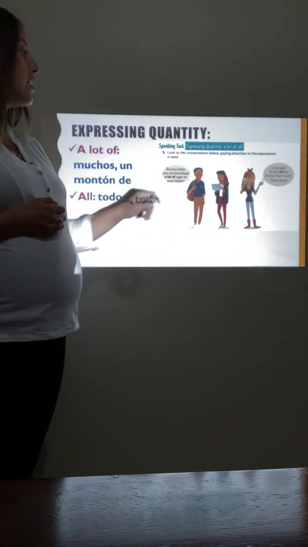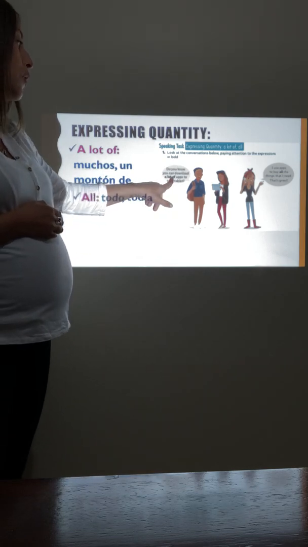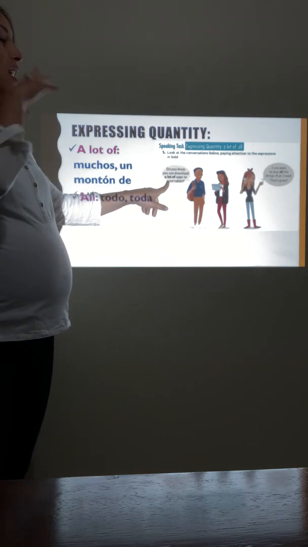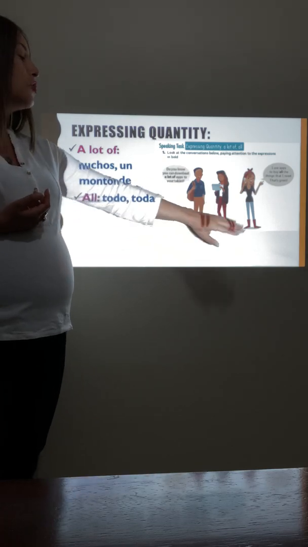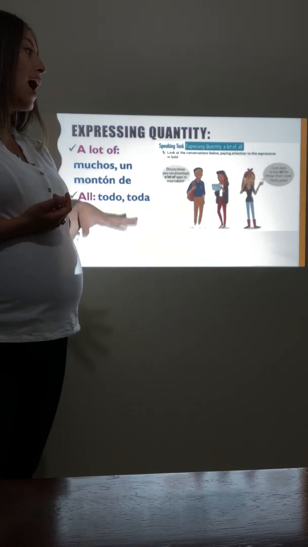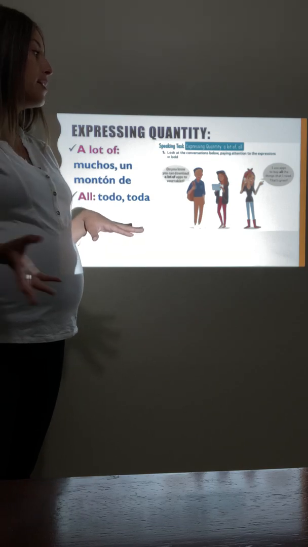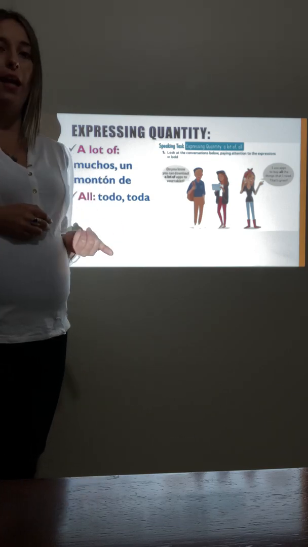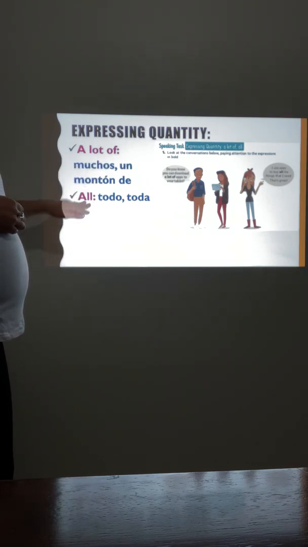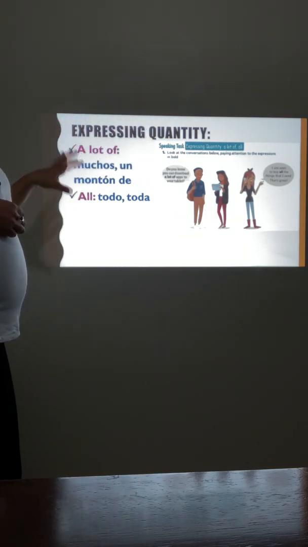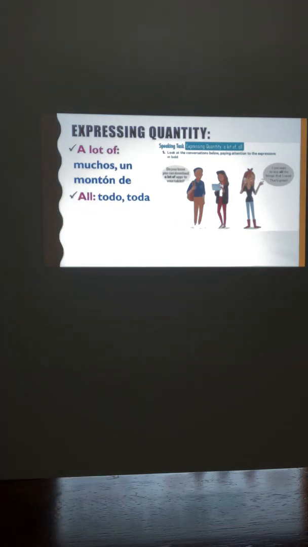For example, this guy says, do you know you can download a lot of apps to your tablet? And then she says, I use apps to buy all the things that I need. That is great. So we have a lot of and all that are quantity expressions, okay? You have to practice that.